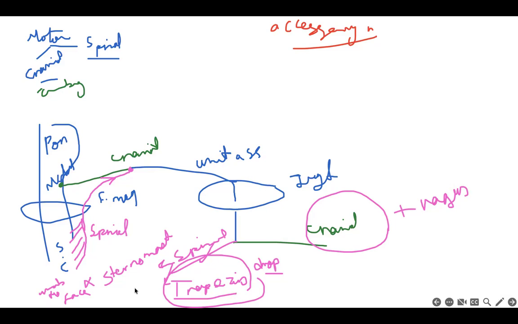So if you want to test the nerve, ask the patient to turn the face to both sides against resistance to detect the sternomastoid, and ask the patient to elevate the shoulder against resistance to detect the power and the action of the trapezius.